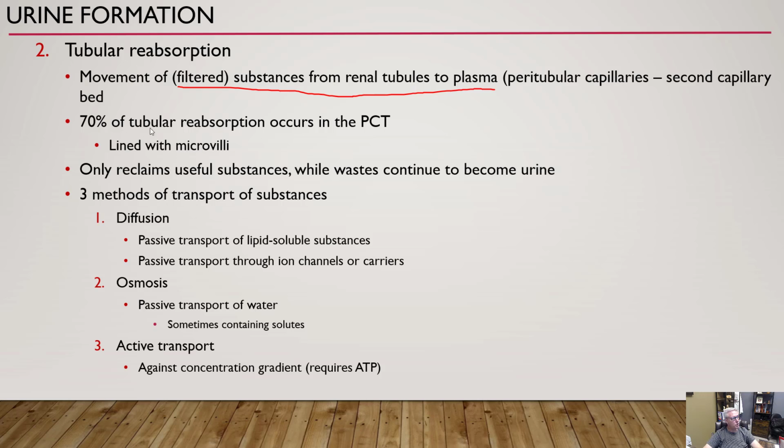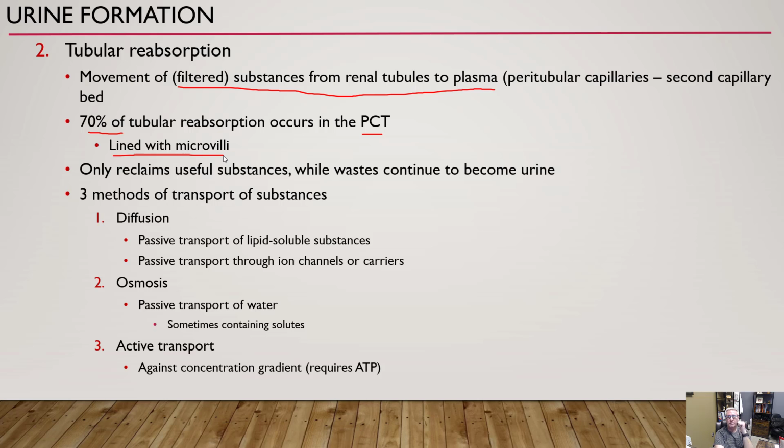Now, most of your reabsorption, 70% of your reabsorption, is going to be happening in the proximal convoluted tubule. And it's because the proximal convoluted tubule is lined with microvilli. Now remember, anytime we see microvilli, we think of just like the digestive system and the respiratory system.